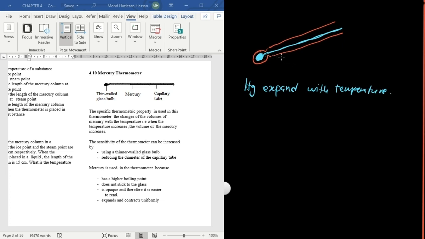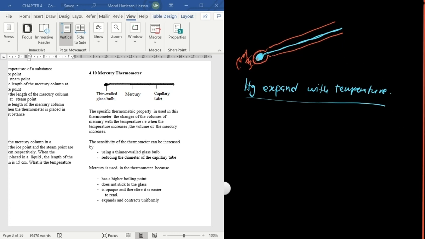So when the temperature increases, let's say we put something hot near the thermometer, like fire, what will happen? Heat will be transferred to this thermometer, pass through the thin wall and get into the mercury. So what will happen to the mercury? Based on this property, the mercury will expand.